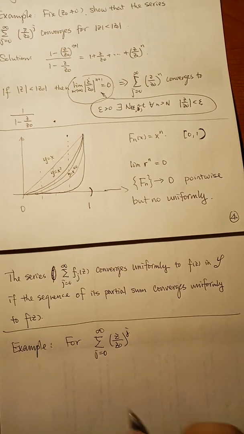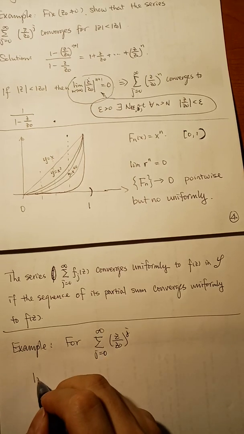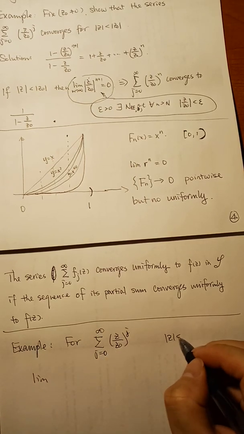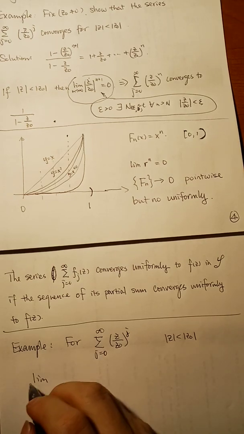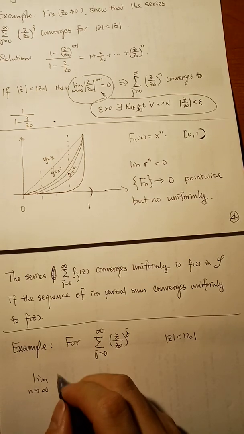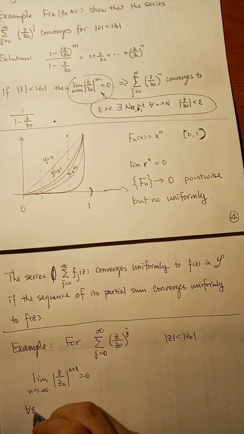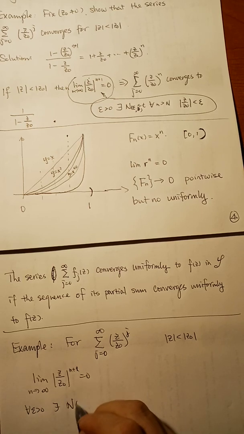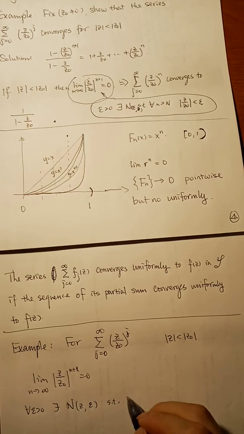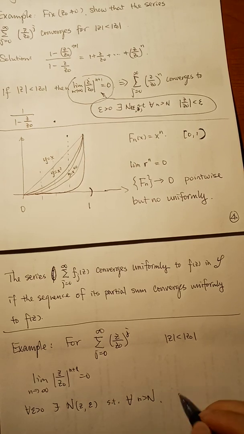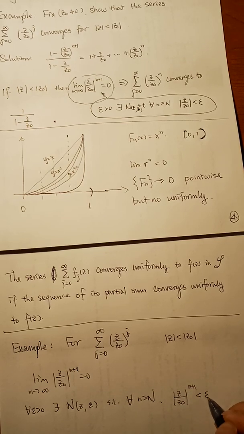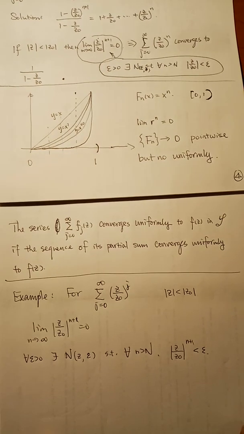For this series, of course, we require this condition. Given epsilon greater than 0, there exists capital N, and let's emphasize that capital N depends on z and epsilon, such that for all n greater than capital N, the difference is less than epsilon. So this is the definition.